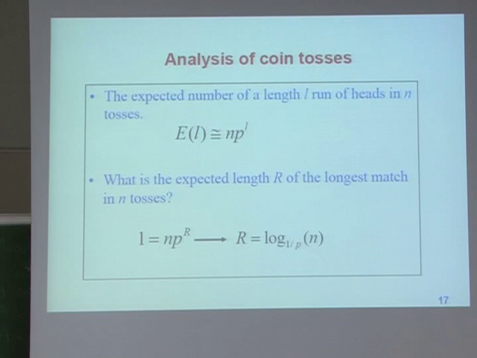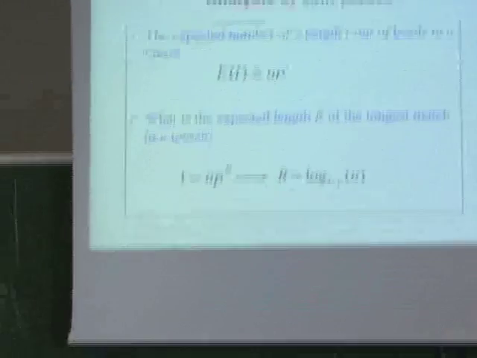The exact E-value is this: n minus L plus 1 if we are going to throw the coin n times. This is the number of times we are going to perform this matching run L experiment.